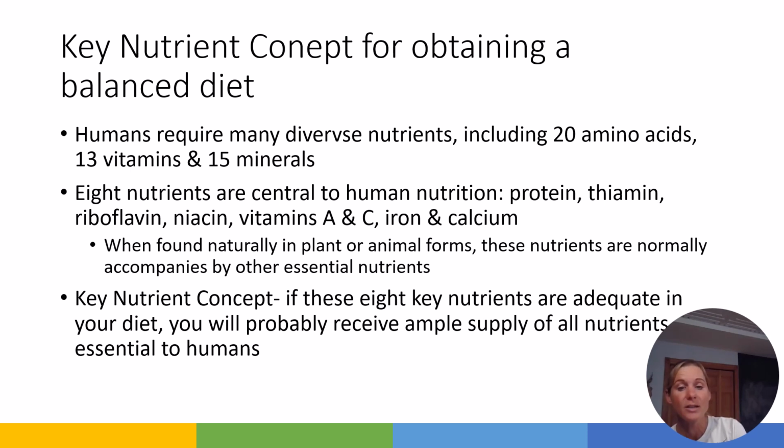So the key nutrient concept is if these 8 key nutrients are adequate in your diet, if you focus on those, you're probably going to receive ample nutrients in all of these other categories, right? So if I focus on these items, I will probably cover my bases for everything else along the way by default.